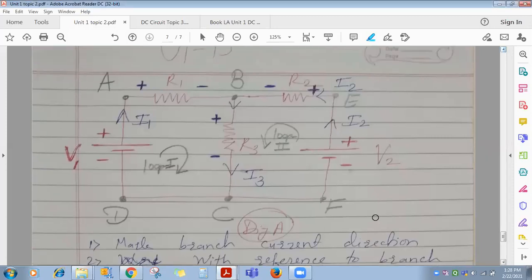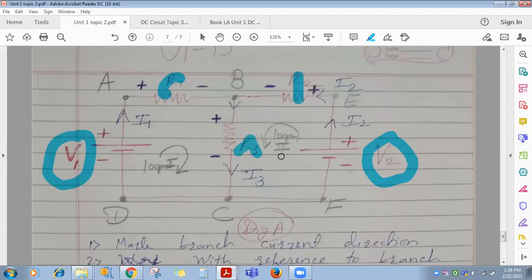First of all, draw the circuit as it is. Here, the values of V1 and V2 are given, and R1, R2 and R3. V1 and V2 in volts, and R1, R2, R3 in ohms are given to you.